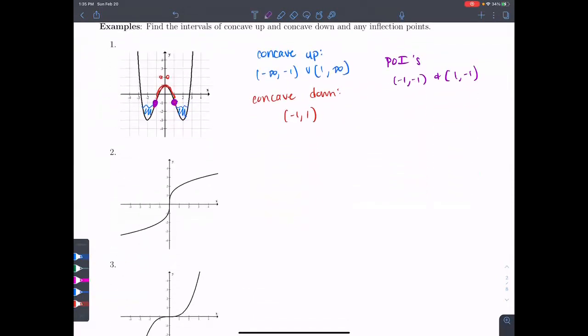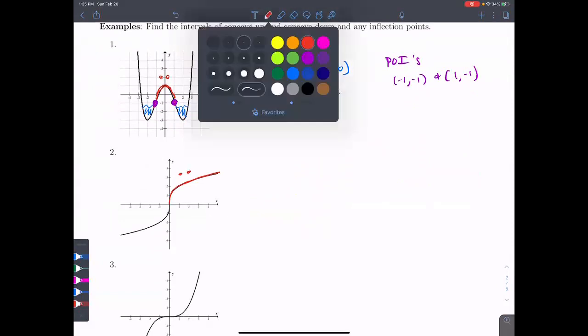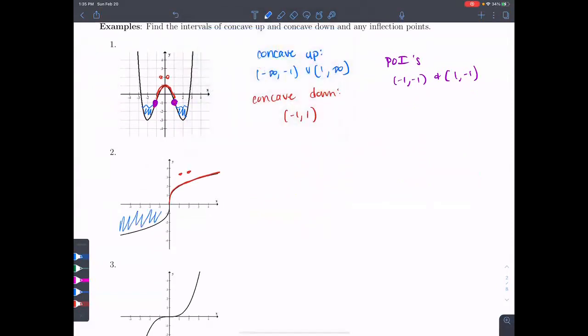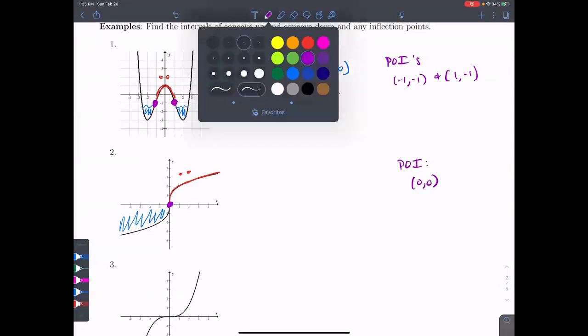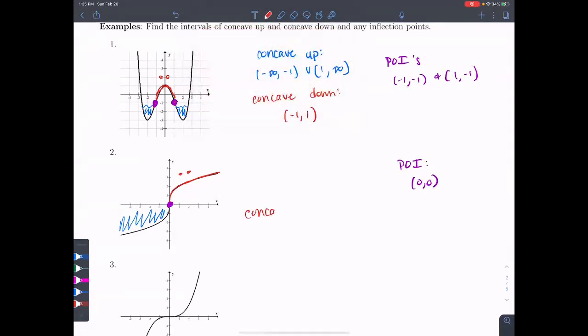This one's kind of odd, but you have a sort of frowny face here, and then we would have sort of a cup situation going on over here. So our point of inflection here is at 0, 0. It is concave down like a frown from 0 to infinity, and it appears to be concave up from negative infinity to 0.